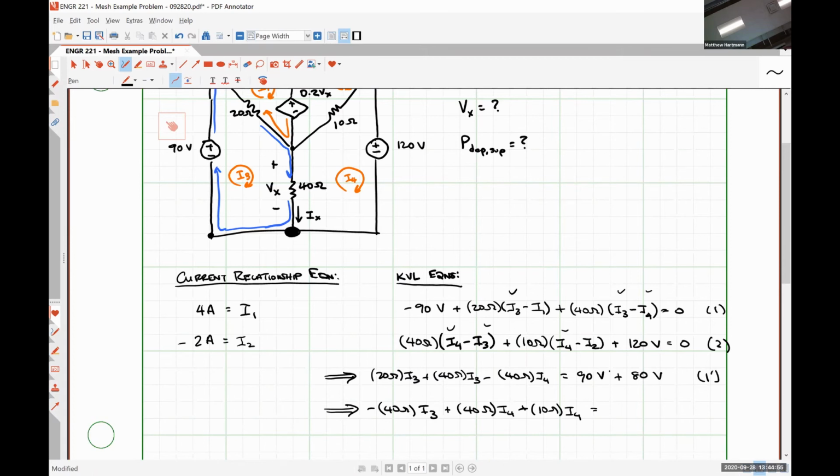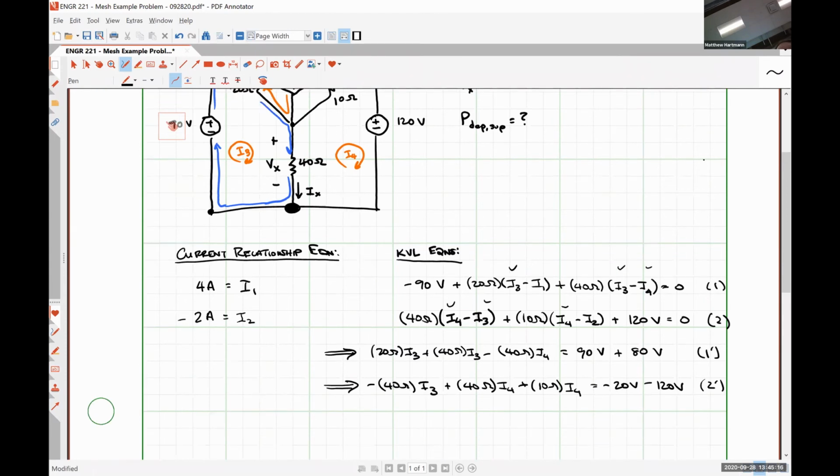I2 is negative 2, so we have 10 times negative negative 2. So 10 times positive 2 is positive 20 volts. When we move it over, we're going to have minus 20 volts. And when we move the 120 volts over, it'll be negative 120 volts. And this is equation 2.